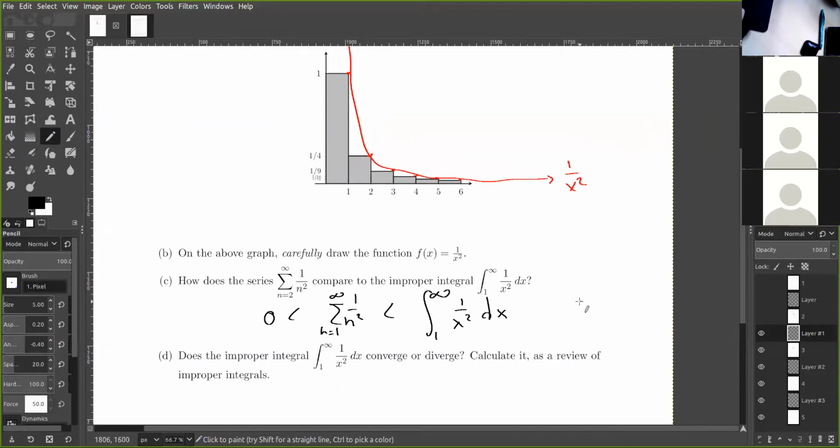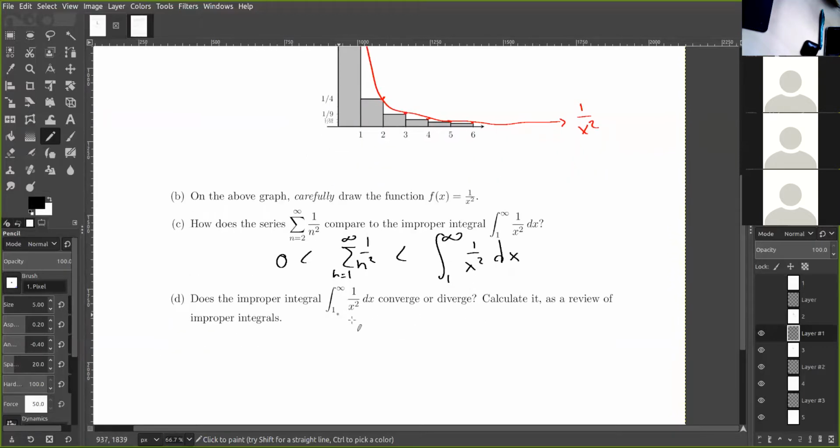What do we know about this guy? By our p-test, we know that that guy will converge. And what's it going to converge to?